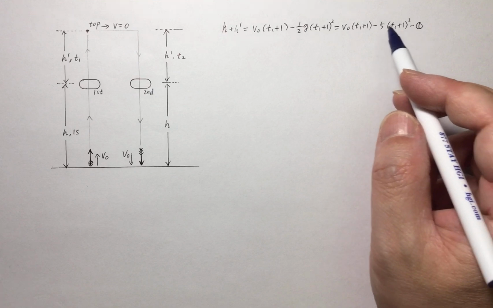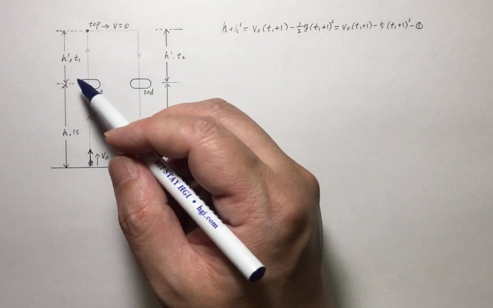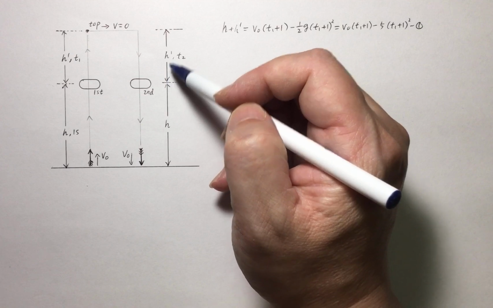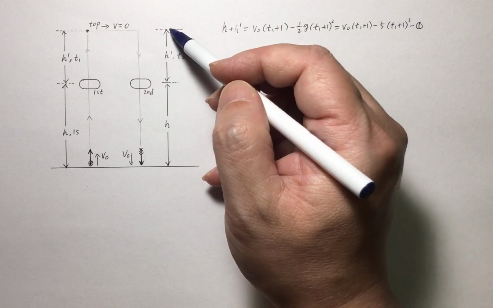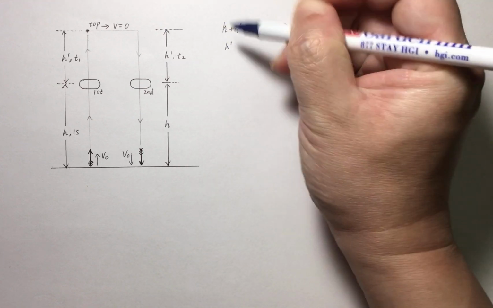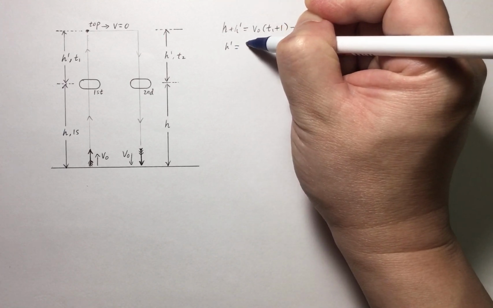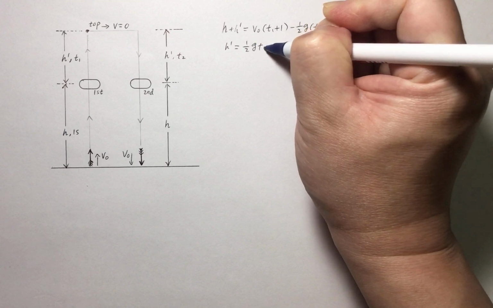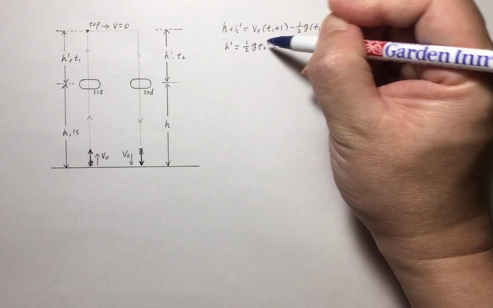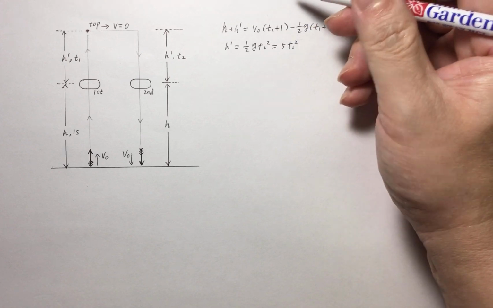Here we use the SI unit. For the second equation, we go from the arrow drop. h prime is the drop from here to here, because at this moment the speed is zero. So it's half g t2 squared, and g is 10, so it's 5 t2 squared.